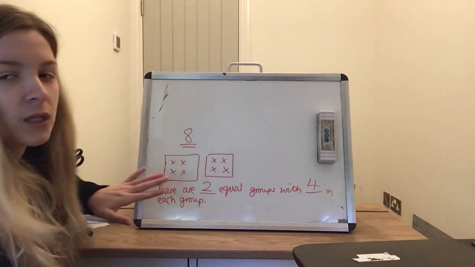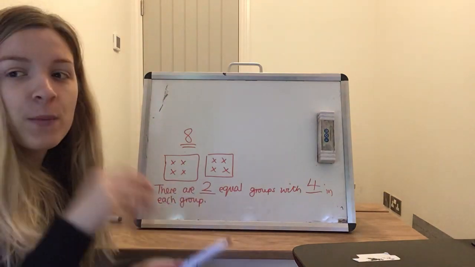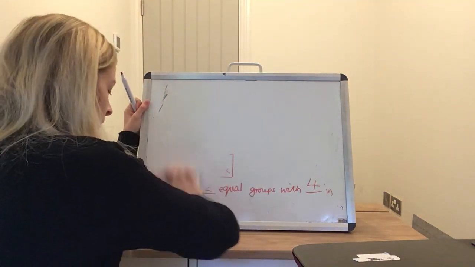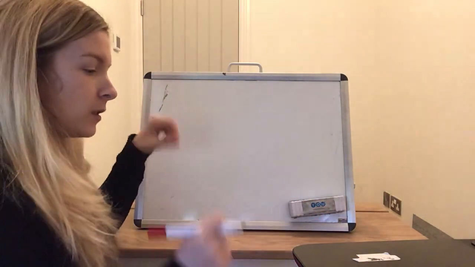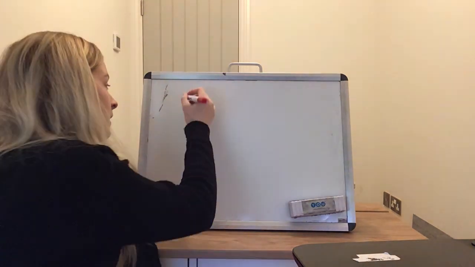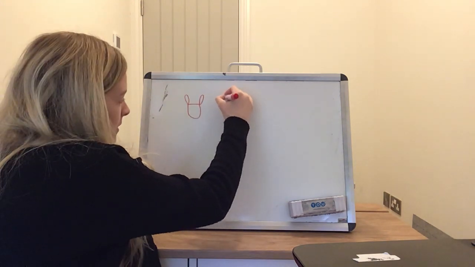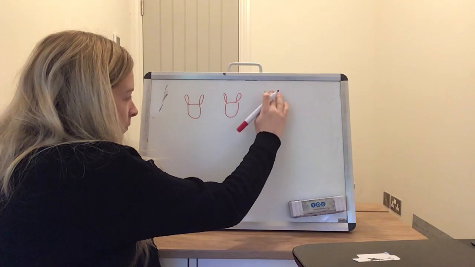Okay, so I want you today to really focus on how many groups there are and how many is inside each group. Okay? Think about groups like going to the shops, okay, and I'm going to badly draw these shopping bags.